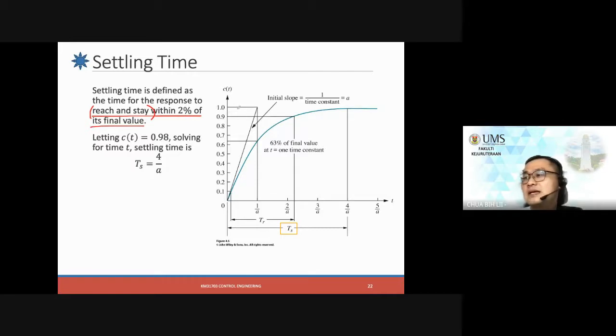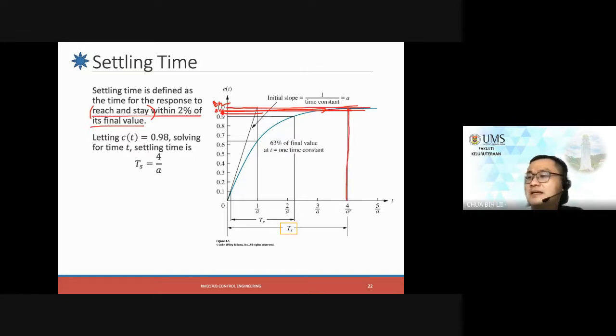Plus or minus 2%, this is 100, so 0.98 or 1.02. Plus minus, so 0.98 would be good enough over here. So the settling time here is roughly at this point.